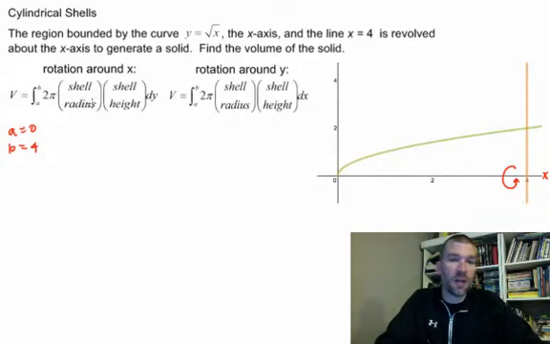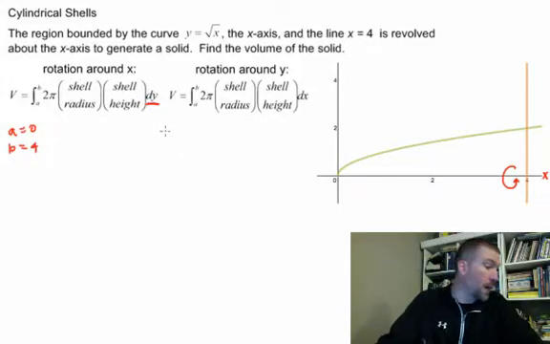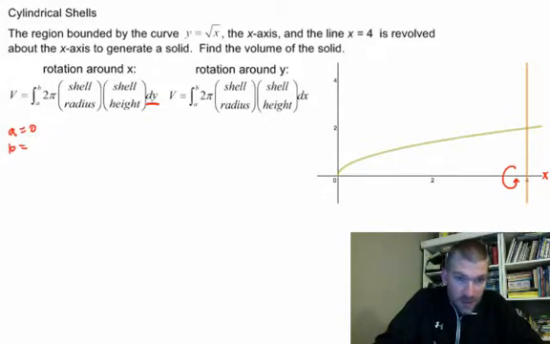But the shell radius and the shell height now are going to be in terms of y. We're going to be in terms of y. Okay. And there's the first mistake that you're going to make. Since everything's in terms of y, we have to look at what's going on in relation to the y-axis.